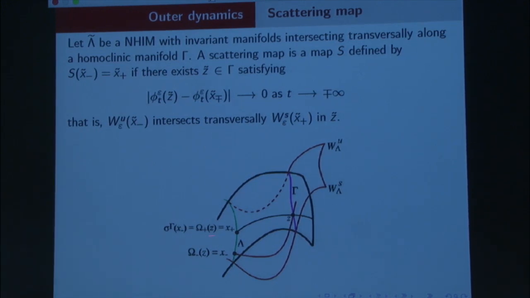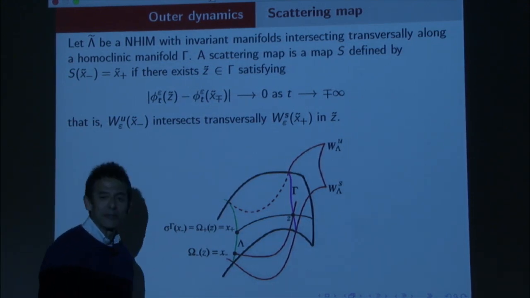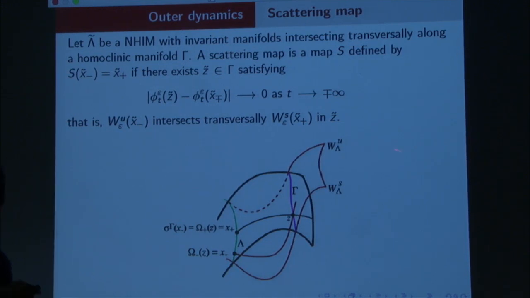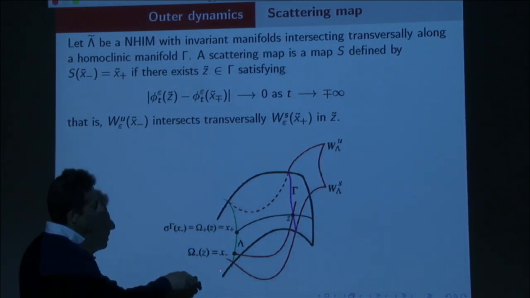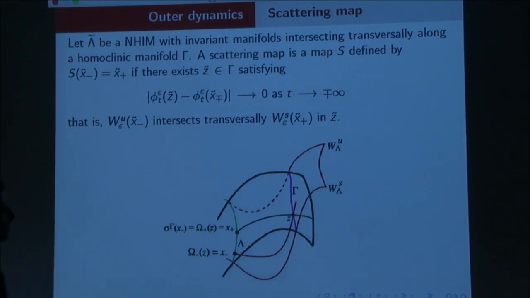Good. What about the scattering map? This is a cartoon that, as far as I remember, was drawn by Rafa a long time ago. Now pretend that the normally hyperbolic invariant manifold is a 3D normally hyperbolic invariant manifold. The important thing is that it is hyperbolic.